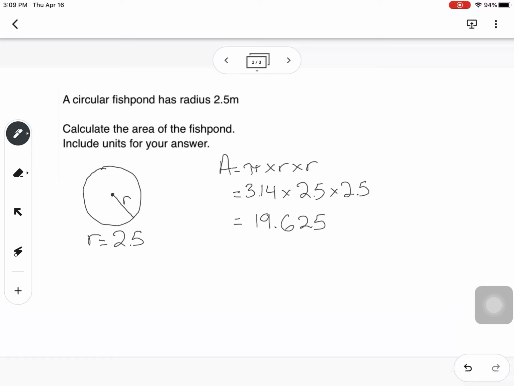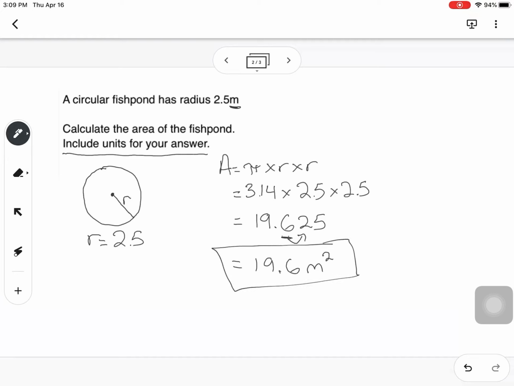It doesn't tell us what to round to, so let's round to the nearest tenth again, which is 19.6. We keep it the same because the neighboring number is just a 2. Now looking at this, it says include units. Our units are in meters, so let's go meters squared. And that would be our answer.